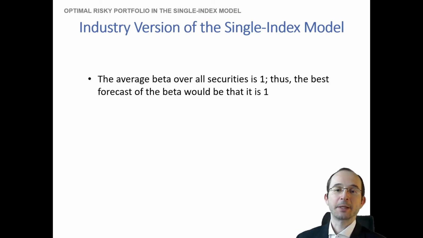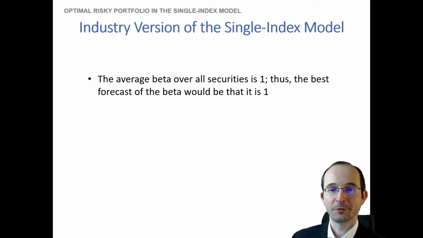Now, when we estimate that beta from this regression using 60 months of total raw returns from our risk asset and the S&P 500, we're going to get some beta, but we shouldn't rely on our point estimate too much. So one thing that's commonly done in the industry is a shrinking of the beta that you estimate toward the average beta.